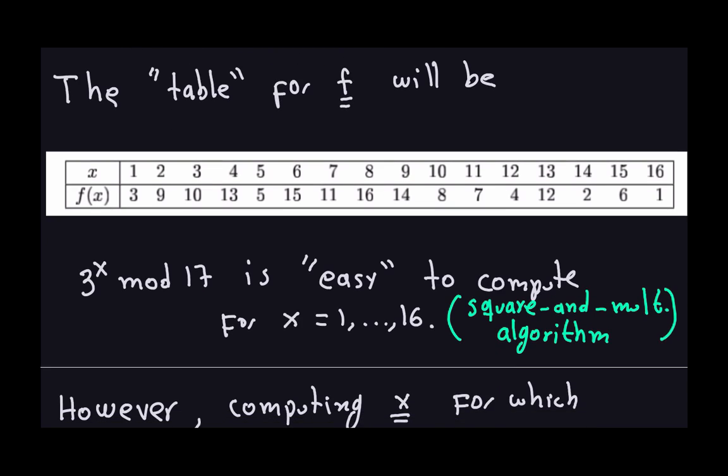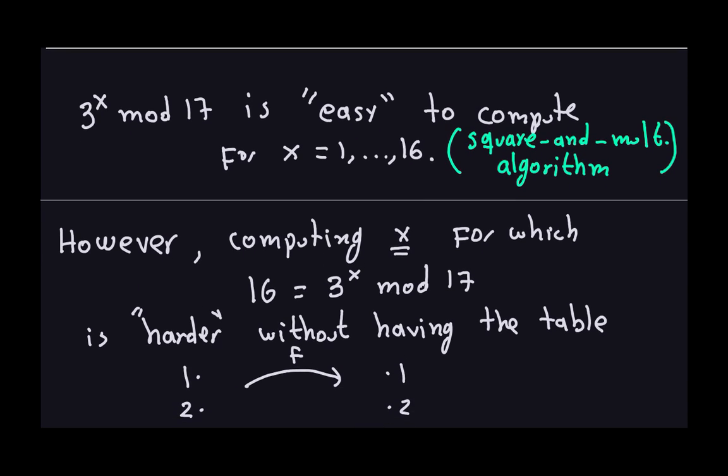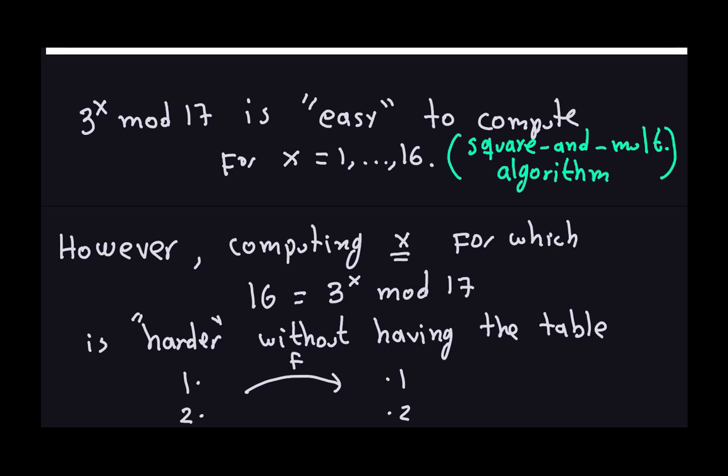Now, if you do it the other way, however, if you compute an x for which this happens, let's say somebody tells you and you don't know the table. Let's say you don't know that table, you just know this. I'm looking at this output, and I'm sure that the output is 16, or maybe I wanted to find if there is really an input whose output is 16.